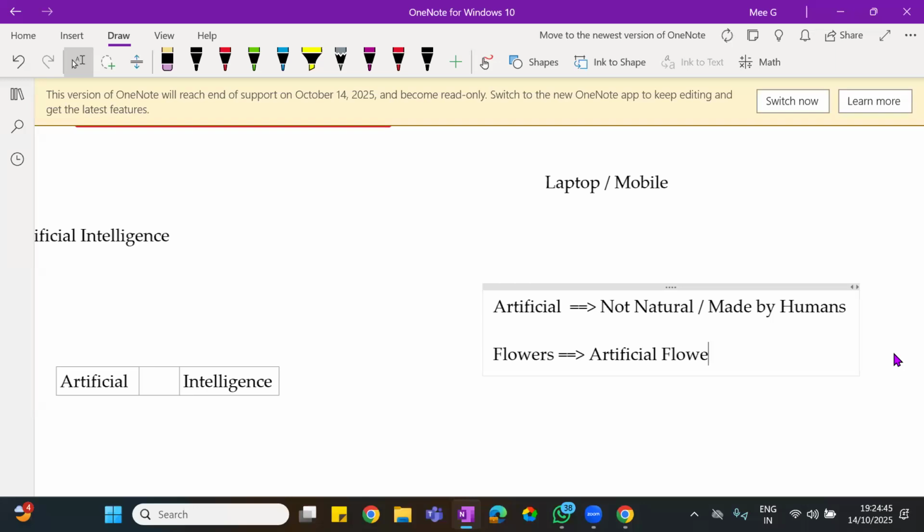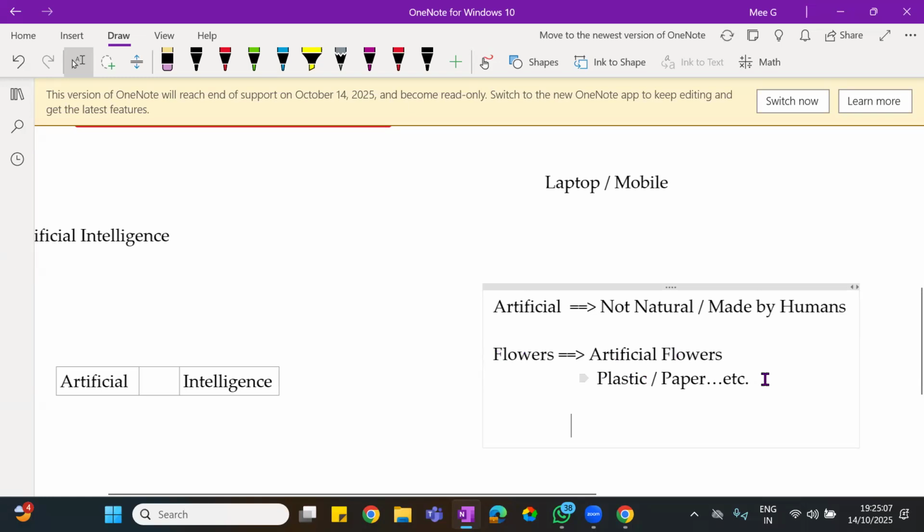That is called artificial flowers. How do you make these artificial flowers? We use plastic or paper, etc. Right? You have the natural flowers, and we have created the artificial version of the flowers using plastic.